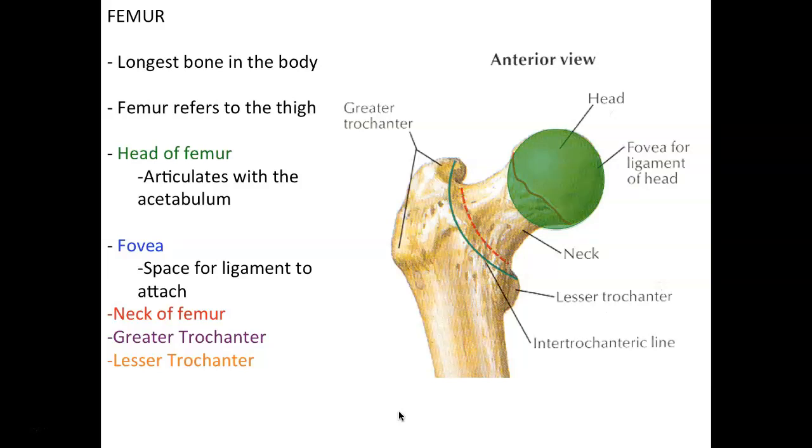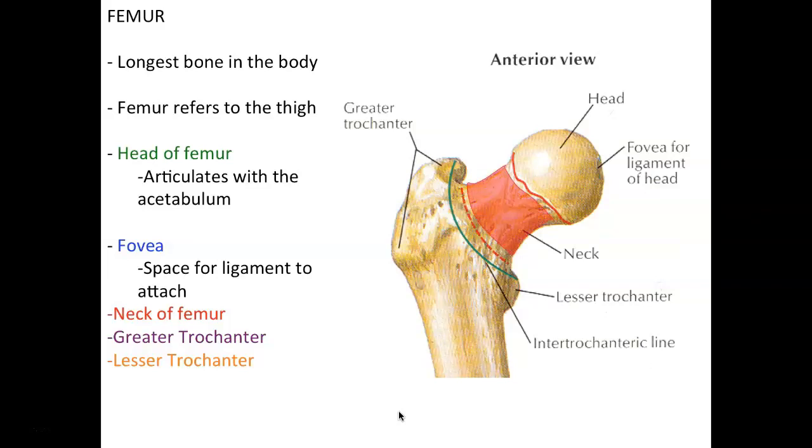Now, if you look at the head of the femur, you might see this little dip here, and that is called the fovea. The fovea is a little depression that you can fit your pinky into that will have a ligament attach to the acetabulum, holding the head of the femur in place a little bit more. Below the head, we're going to have a constricted area that's known as the neck of the femur.